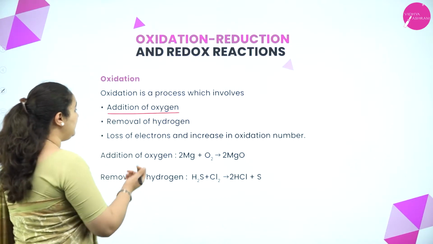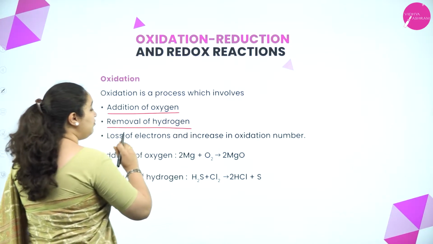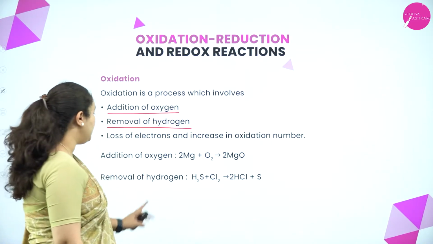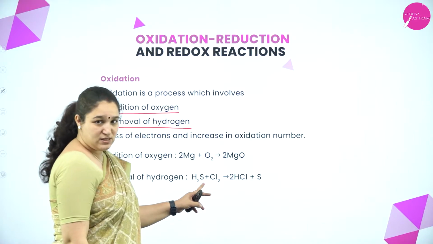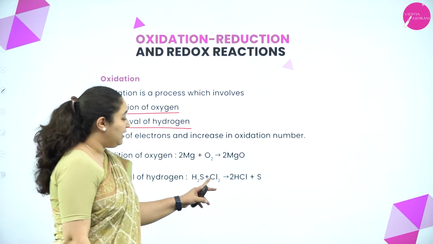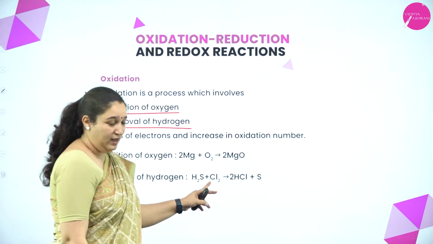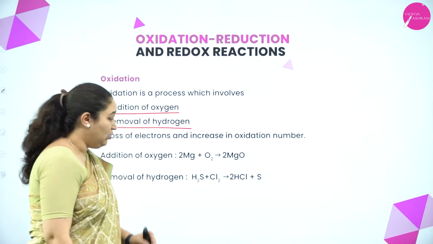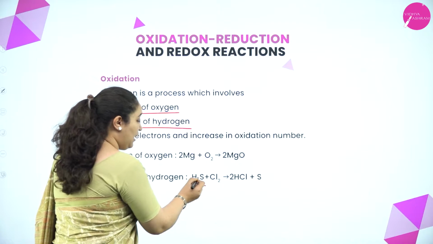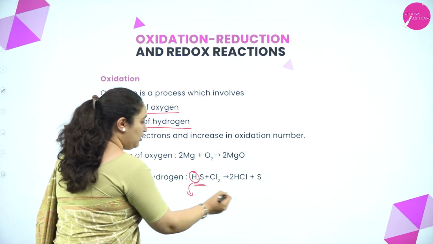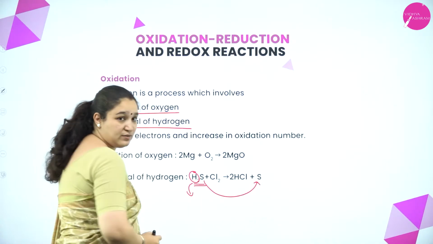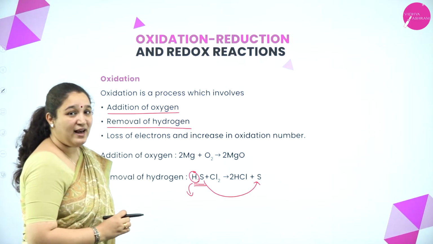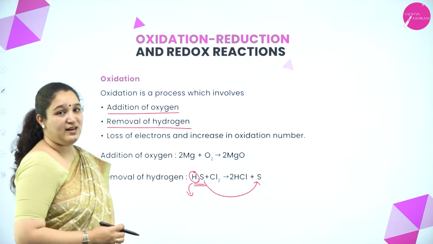Or I can tell in terms of hydrogen, that is removal of hydrogen is called as oxidation. Now you can understand here H2S, that is hydrogen sulfide, reacts with chlorine to form HCl and sulfur. Now from H2S, hydrogen was removed to form sulfur, and thus this reaction we call it as oxidation reaction.